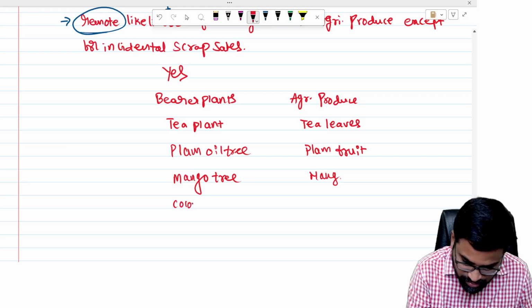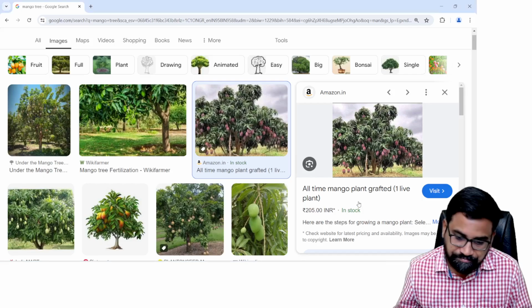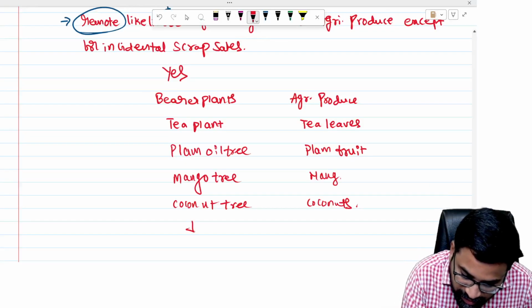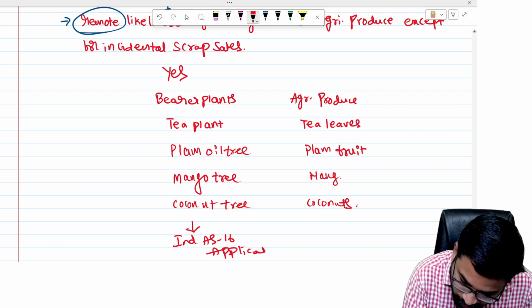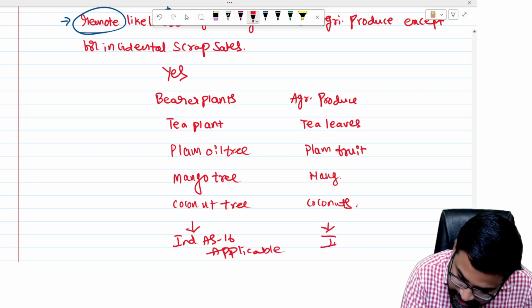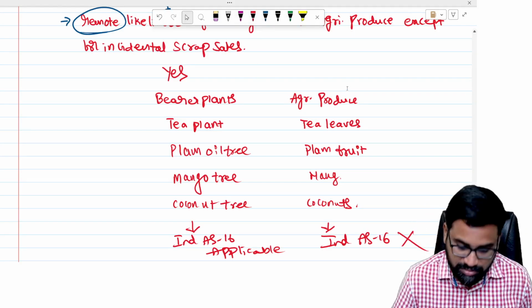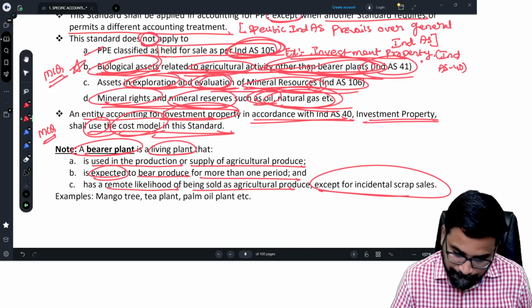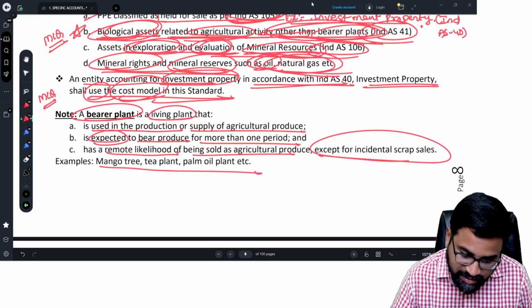Coconut tree, it will give coconuts, like this. And remember, for the tree, IND AS 16 is applicable, and for the produce, IND AS 16 is not applicable. Only for the bearer plant is this standard applicable. Okay, so those are examples: mango tree, tea plant, palm oil plant, etc.